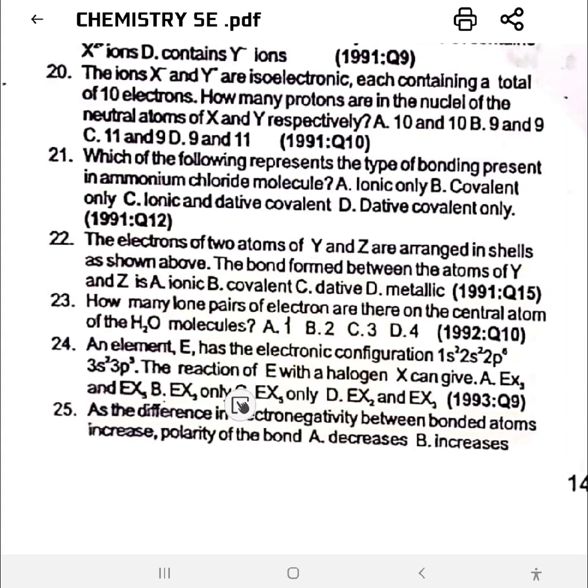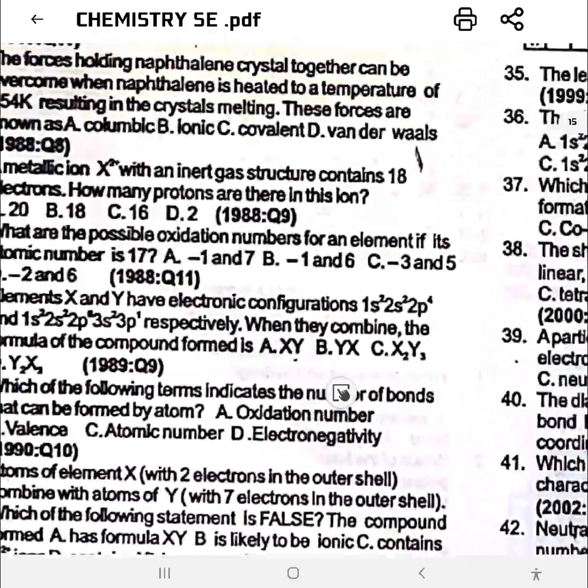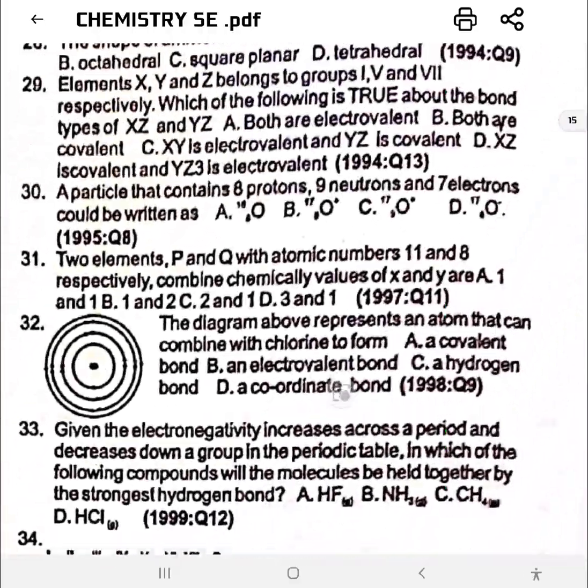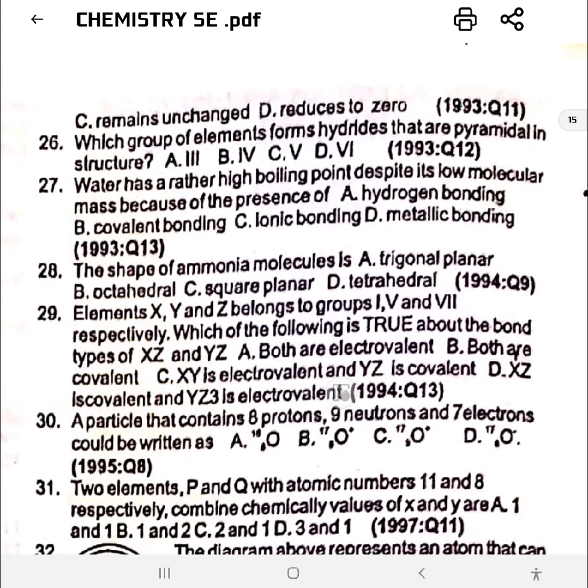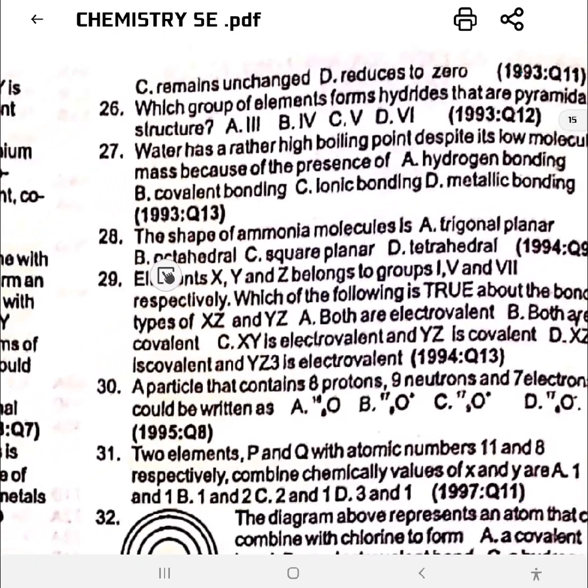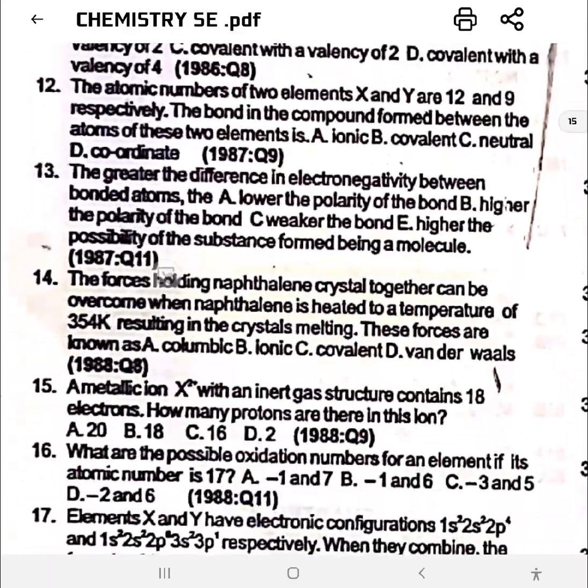Now to question 25, which will be the last question for this video. As the difference in electronegativity between bonded atoms increases, polarity of the bond does what?